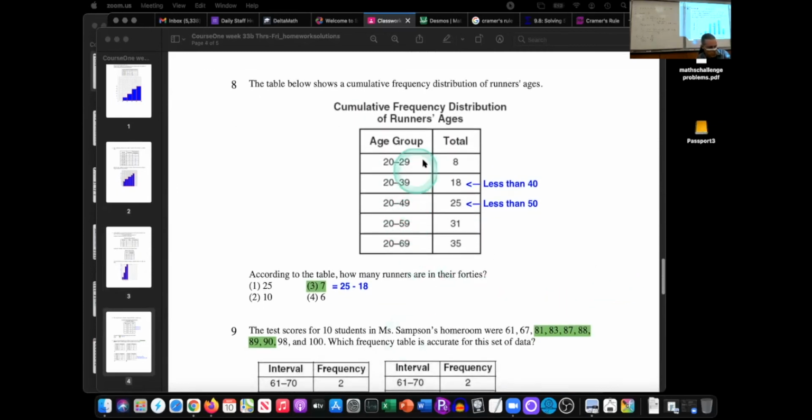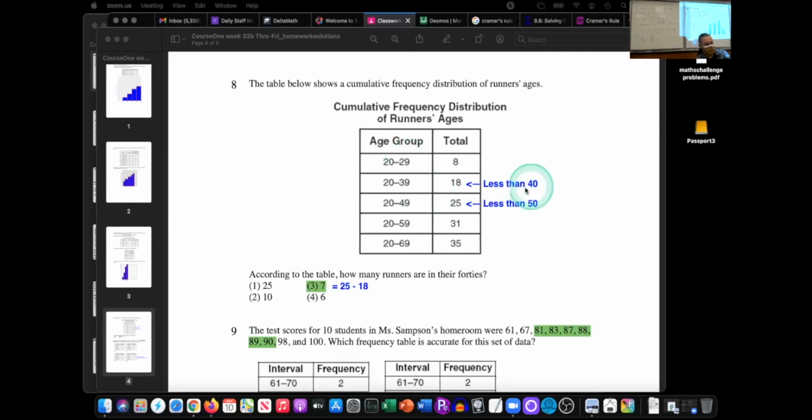So if they give you the cumulative frequency distribution, then you got to interpret what the total numbers are referring to, okay? So if it's cumulative frequency, less than or equal to 29 were 8 numbers. Less than or equal to 39 were 18 numbers. And so notice only 10 of those numbers were in the 30s. The other 8 were in the 20s.